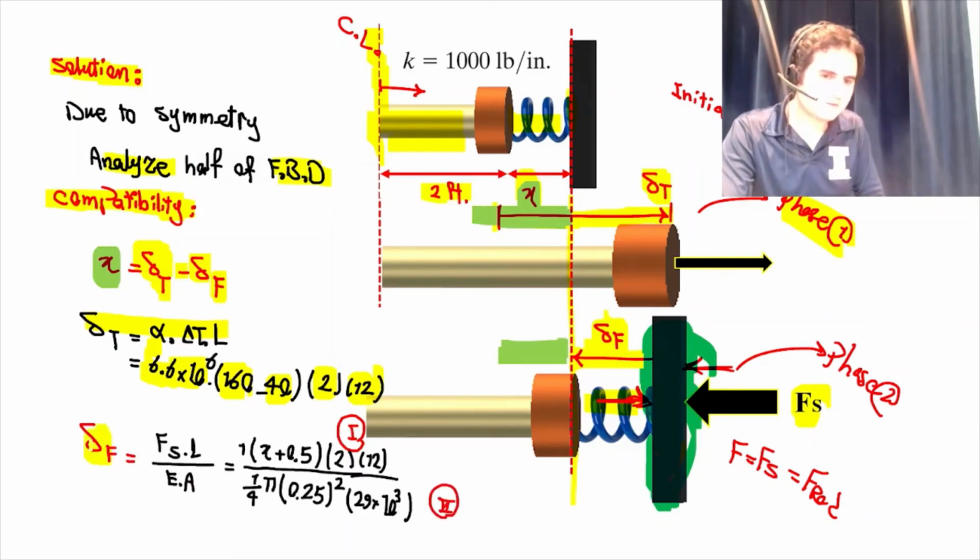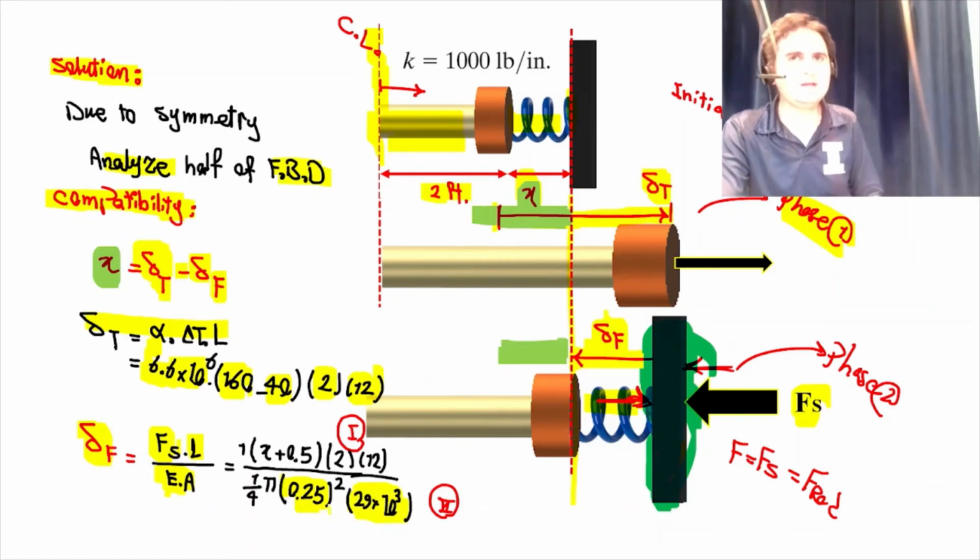And delta F is Fs times L over EA. In the denominator we have a quarter pi times 0.25 squared times the modulus of elasticity of A992 steel, which is 29 times 10 cubed ksi. At the top, this is the length, 2 times 12, half the length of the whole rod.